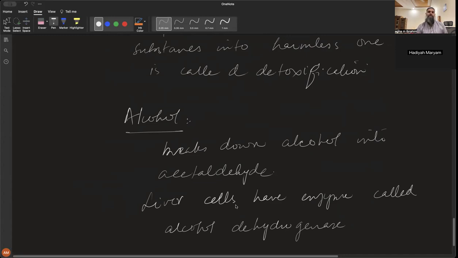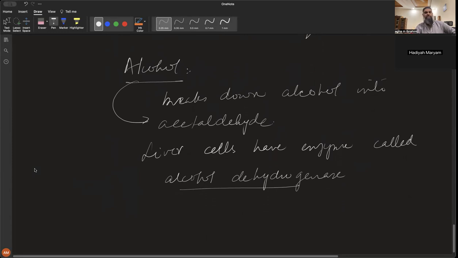They have this enzyme, alcohol dehydrogenase, which converts alcohol into acetaldehyde, and this acetaldehyde is further broken down to make useful products such as respiratory substrates. You don't need to go into that detail, but this detoxification process takes a lot of energy, and excessive consumption of alcohol also has a bad effect on the liver.